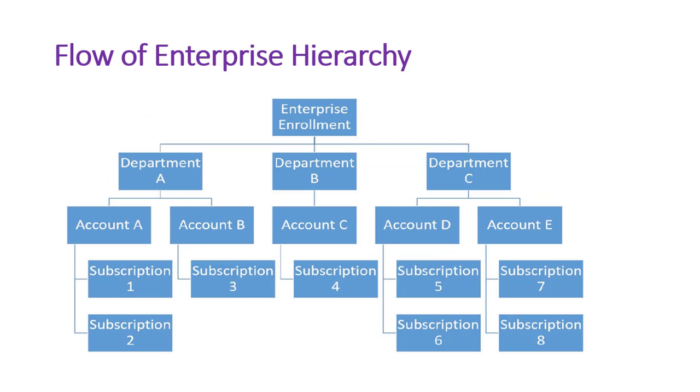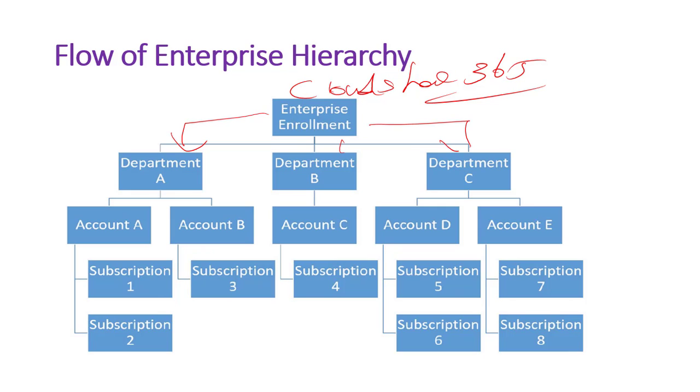Let's see a hierarchy flowchart scenario. Just consider you have a CloudShare 365 EA subscription. The subscription is further broken down into departments A, B and C, and each department will have two accounts, either a production environment or a pre-prod staging environment.